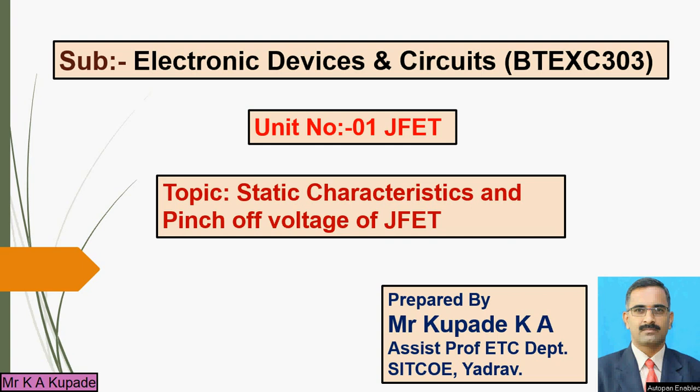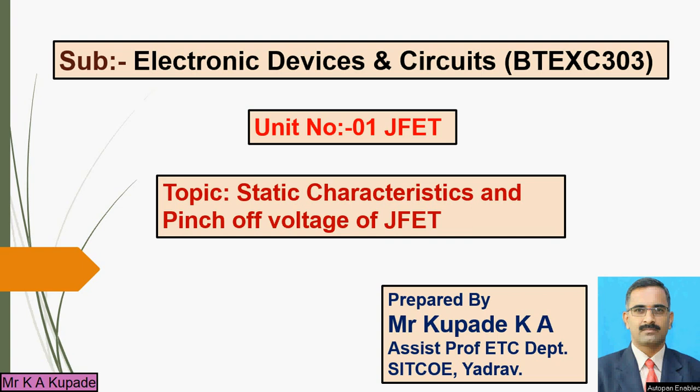But if you apply a negative voltage to the gate terminal, that means you are making the PN junction reverse biased, then at that time the depletion region at this junction increases and becomes wider. As you increase this negative voltage at the gate terminal, the depletion region on both sides keeps increasing.